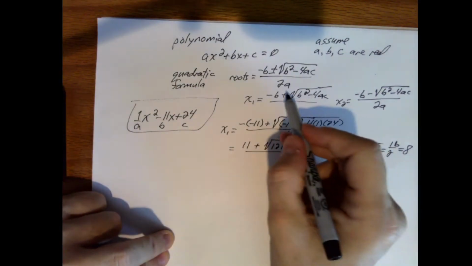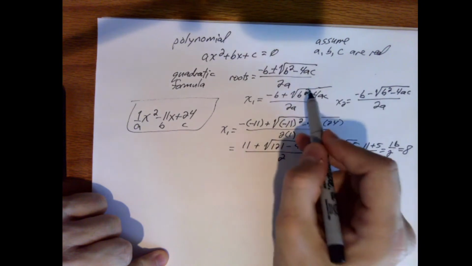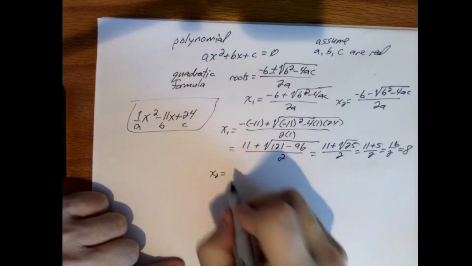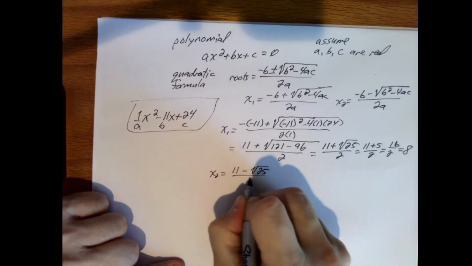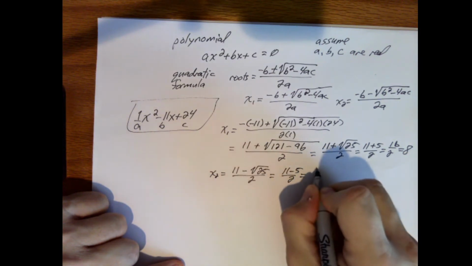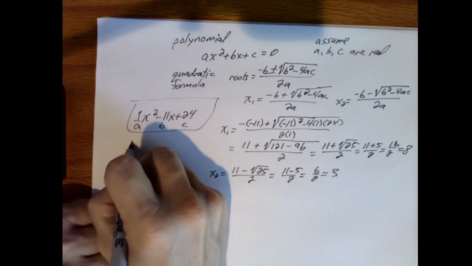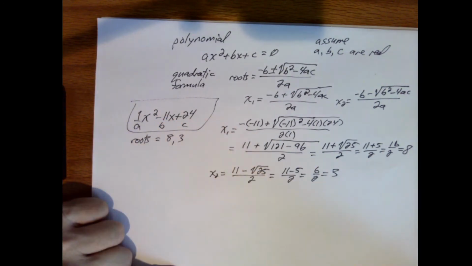And then the difference between the two forms is just whether I'm adding or subtracting the square root part. So that means that x2 is equal to 11 minus square root of 25 divided by 2, which is 11 minus 5 over 2, which equals 6 over 2, which is 3. So that's the other root. So the roots here are 8 and 3. All right?